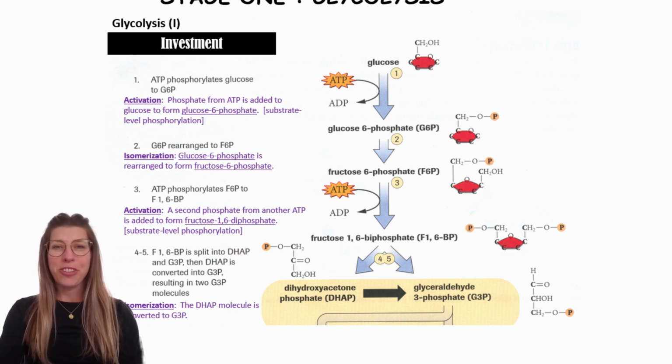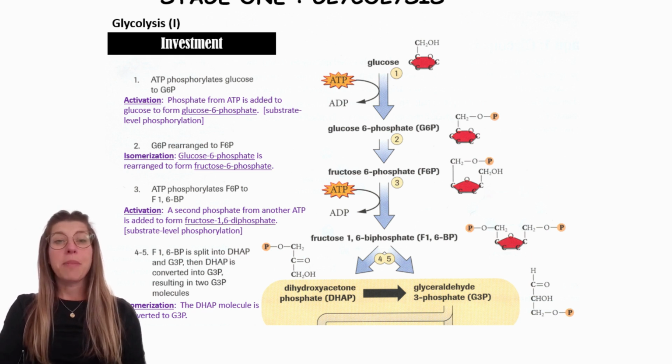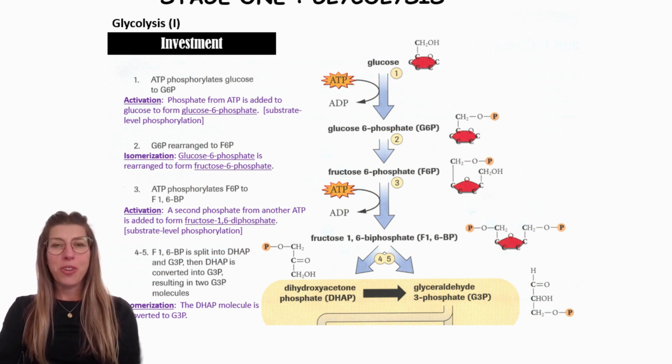Now, although glycolysis simply starts with 1 glucose molecule and ends up splitting it in half into 2 pyruvate molecules of 3 carbons, there's a lot that happens to be able to do this. So throughout the 10-step process, a lot of people like to break it up into part 1, glycolysis 1, and this is the investment stage.